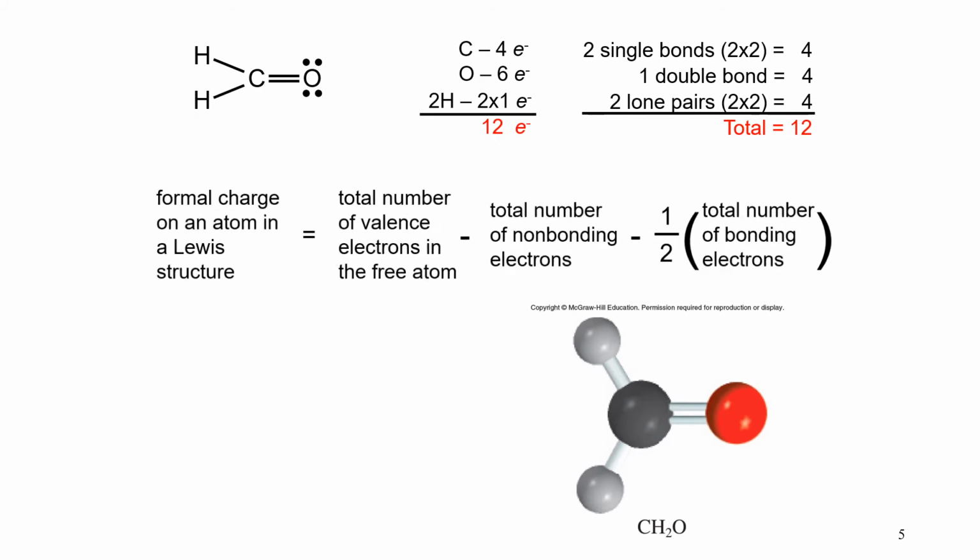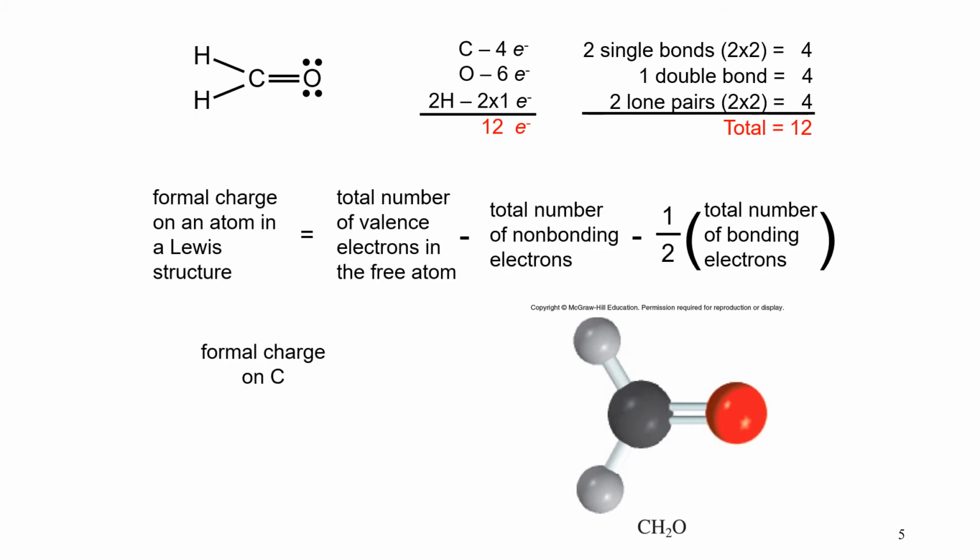And so that is our structure, and we need to calculate formal charge for carbon. 4 valence electrons. It has 0 non-bonding electrons, and it has 8 bonding electrons. So 1/2 times 8 is subtracted from 4, and here carbon has a formal charge of 0.